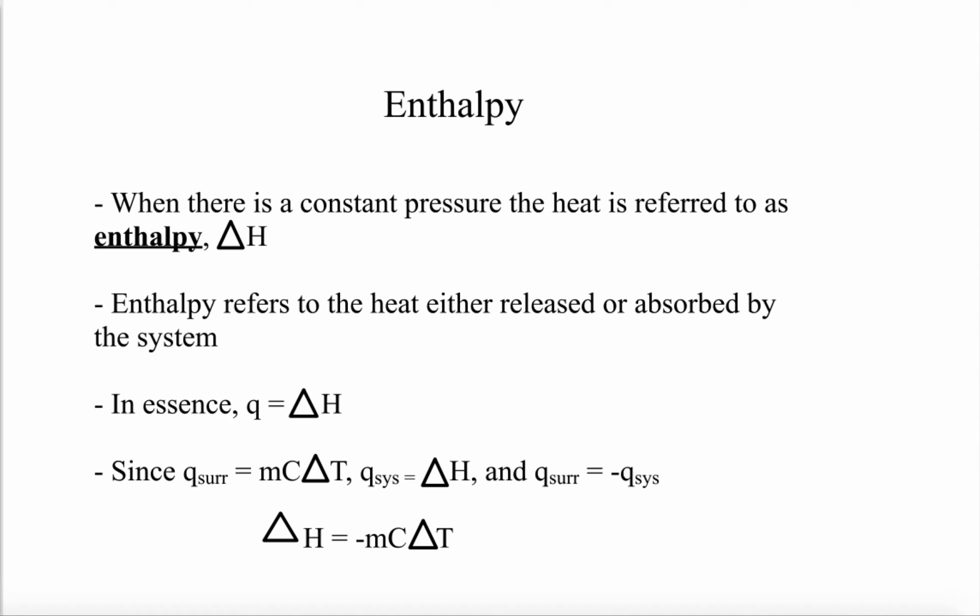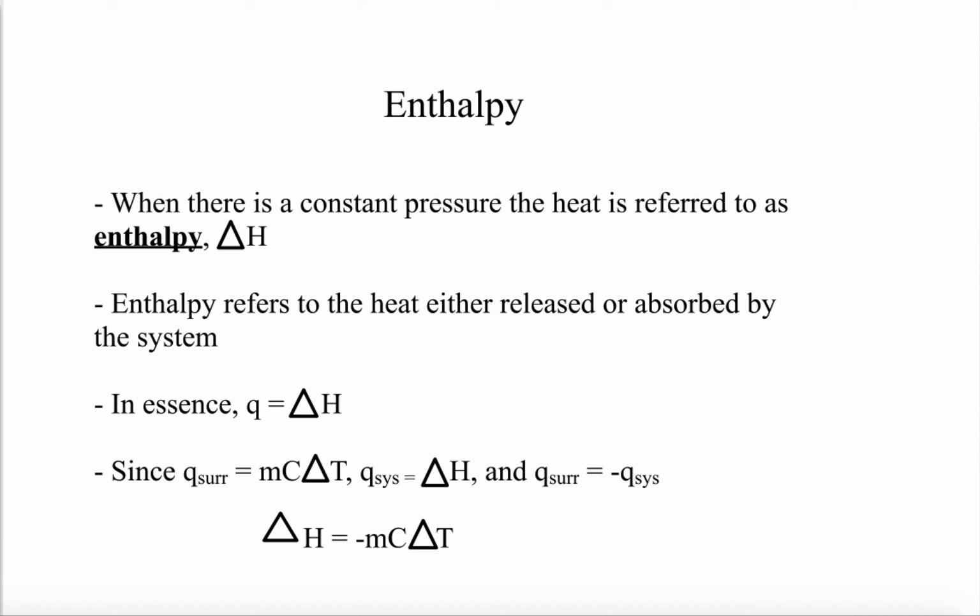As we learned in the previous section, the Q of the surroundings is equal to mass times specific heat times the change in temperature. Since the heat of the surroundings and the heat of the system are going to be opposite, because one's going to gain while the other one loses it, you can say that the Q of the surroundings is equal to negative Q of the system. So they're opposites.